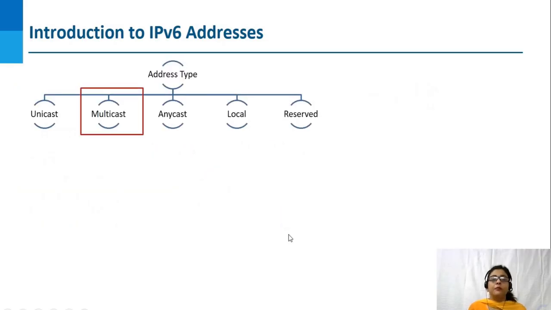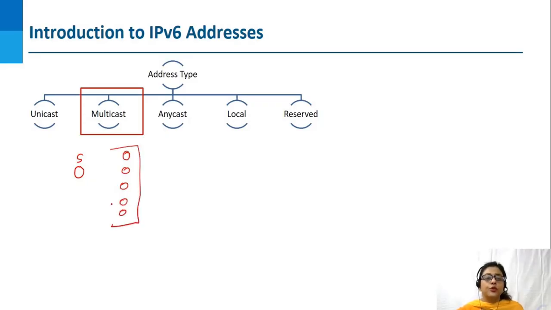Next we have multicast addressing. In multicast addressing there is a single source and a group of recipients. This group is understood by the group address.